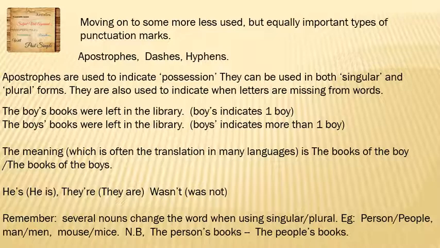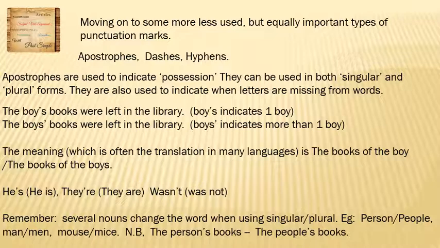So the next thing is apostrophes, dashes and hyphens. Apostrophes are used to indicate possession. They can be used in both singular and plural forms. They're also used to indicate when letters are missing from words.